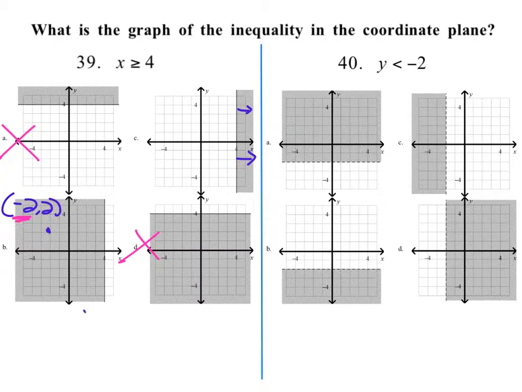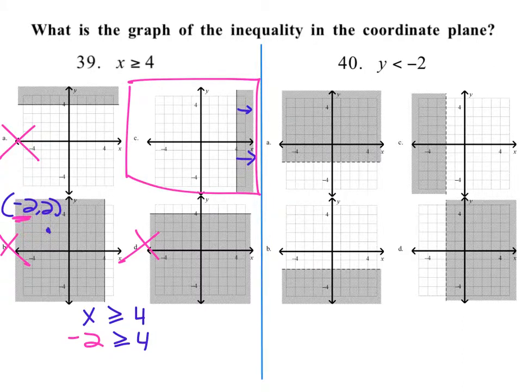So if we took the original inequality of x is greater than or equal to 4, and substituted in for x, we get -2 is greater than or equal to 4. And that's false. It's false because B is not the correctly shaded side. B is not the right choice. The right choice is C, where all the values of x are greater.